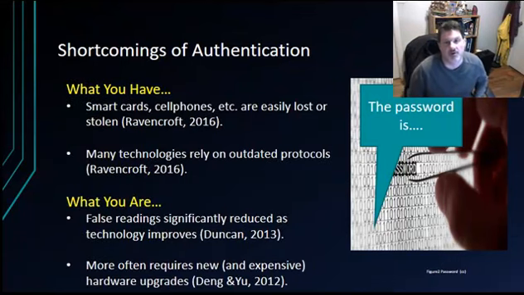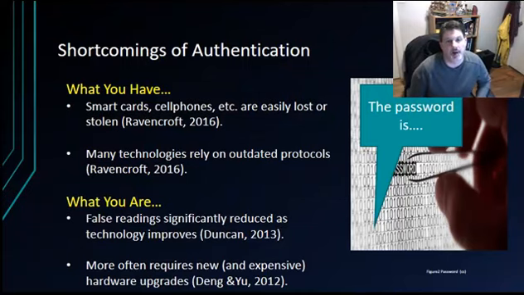Smart cards, cell phones, and other what you have technologies can easily be lost or stolen, and they often rely on outdated protocols for authentication. Biometric solutions such as fingerprint readers, voice authentication, and even iris recognition may seem like an obvious solution. And indeed, recent advancements in these areas has significantly reduced false reading percentages.